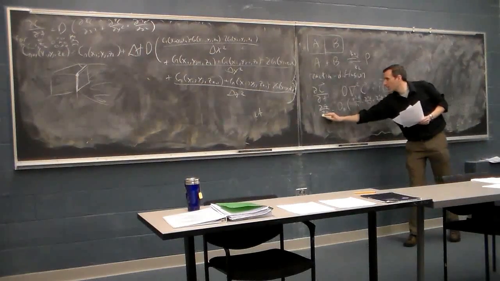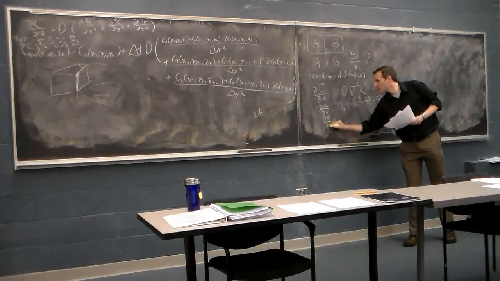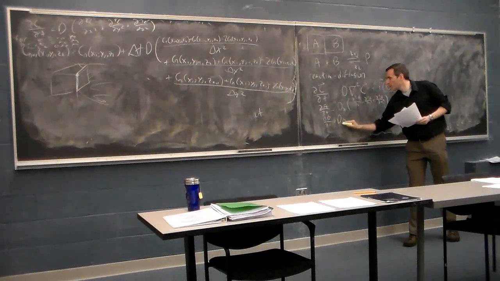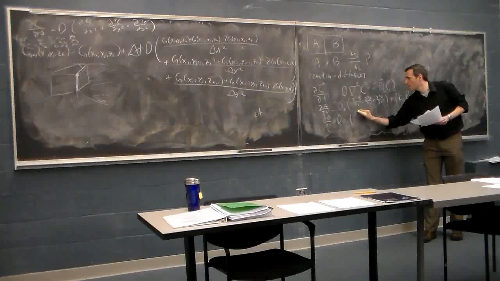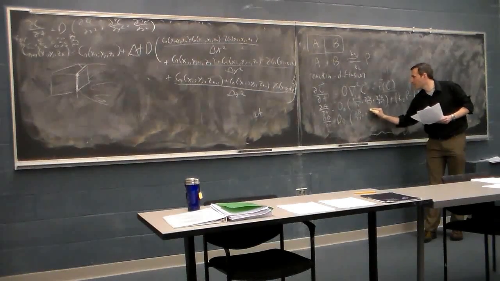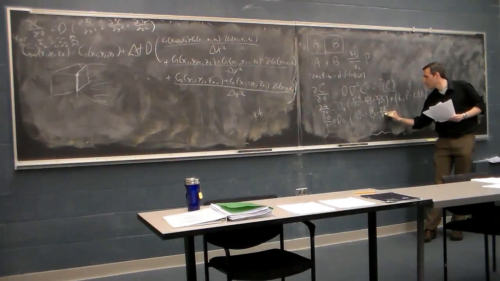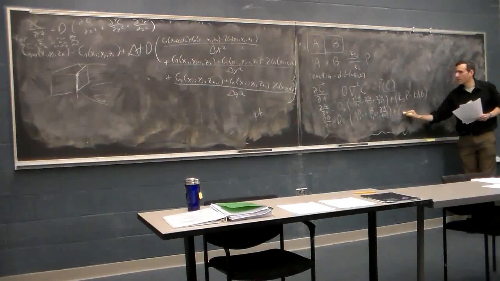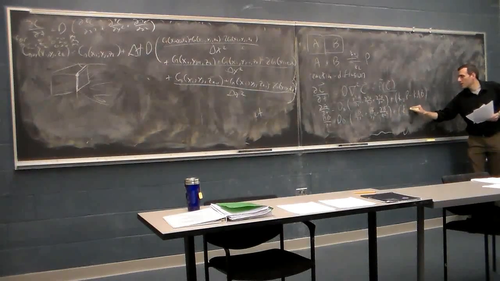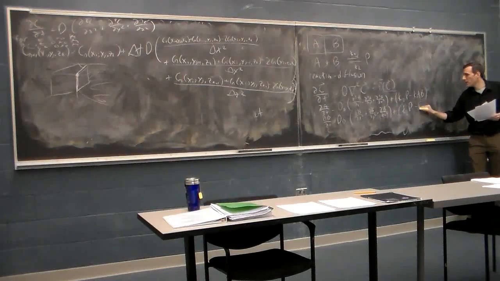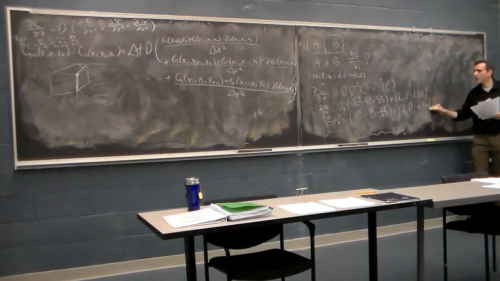And we can say the same thing with respect to B. So dB/dt is some diffusion constant for B times the Laplacian with respect to B, so d²B/dx² plus d²B/dy² plus d²B/dz², plus the same reaction term. So we gain B at rate k2P, we lose it at rate k1AB.